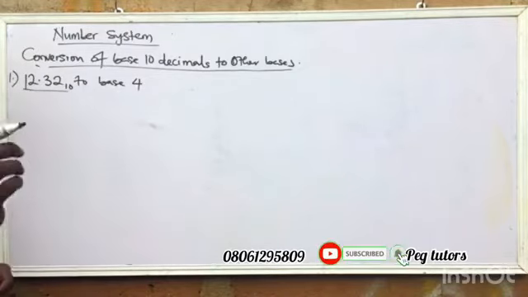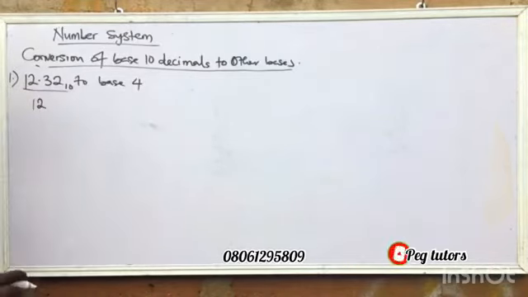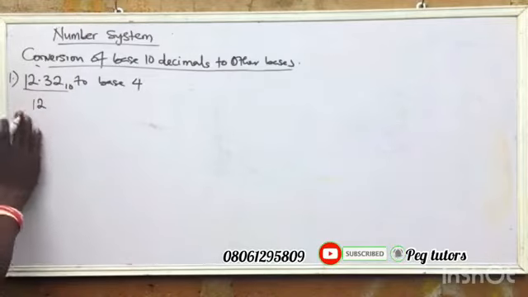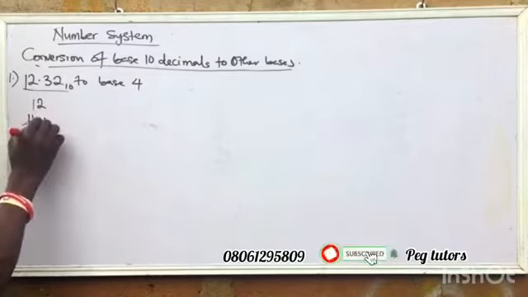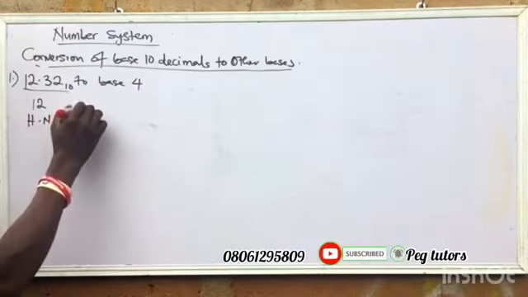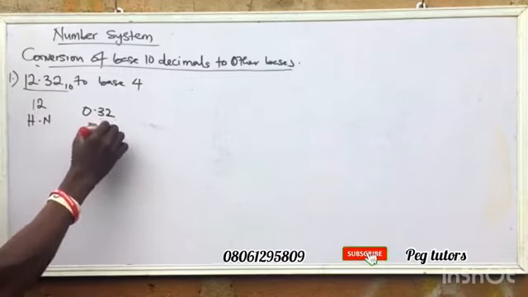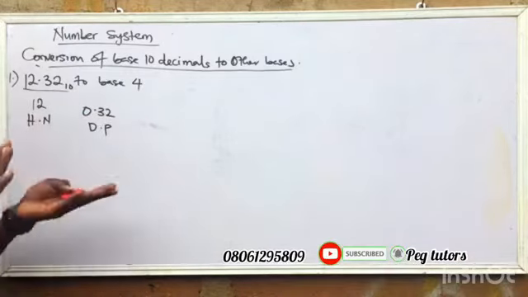Here the whole number part is 12, and then 0.32 is the decimal part. Now these two you are going to operate on differently.